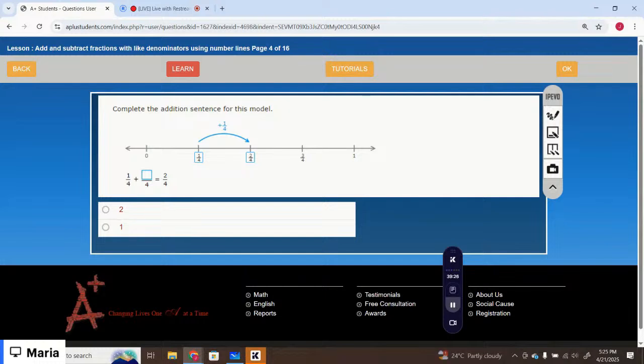That is 1 by 4 plus 1 by 4 equals 2 by 4. Option number 2 is the correct option.